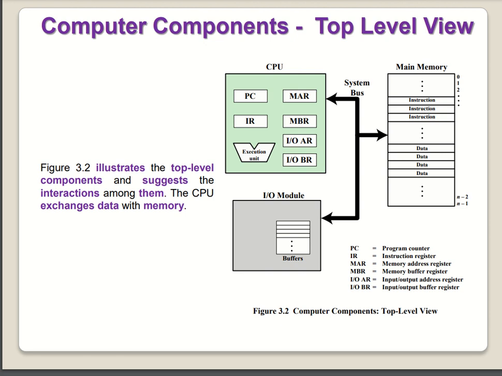MBR, memory buffer register. IOAR, input output address register, and then the last one, IOBR, input output buffer register. We are going to see some of these registers in the upcoming slides in detail. One other component the CPU contains is the execution unit, that's the ALU, arithmetic and logical unit.